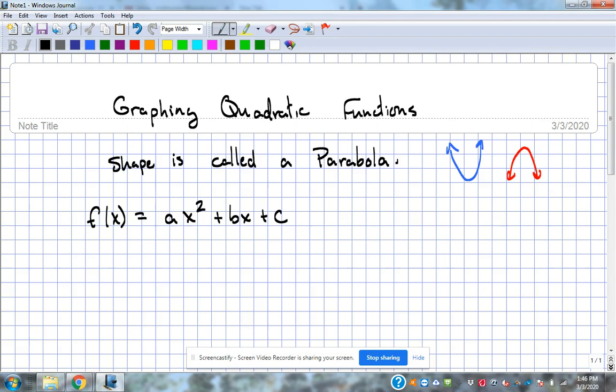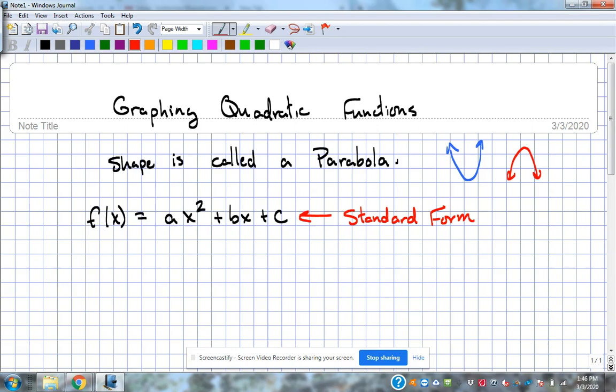That looks a lot like the quadratics we were solving by factoring, where we had to do a times c, or the quadratic formula worked with that as well. We just had to set it equal to 0. That's going to come up today too. But this is what's called standard form.